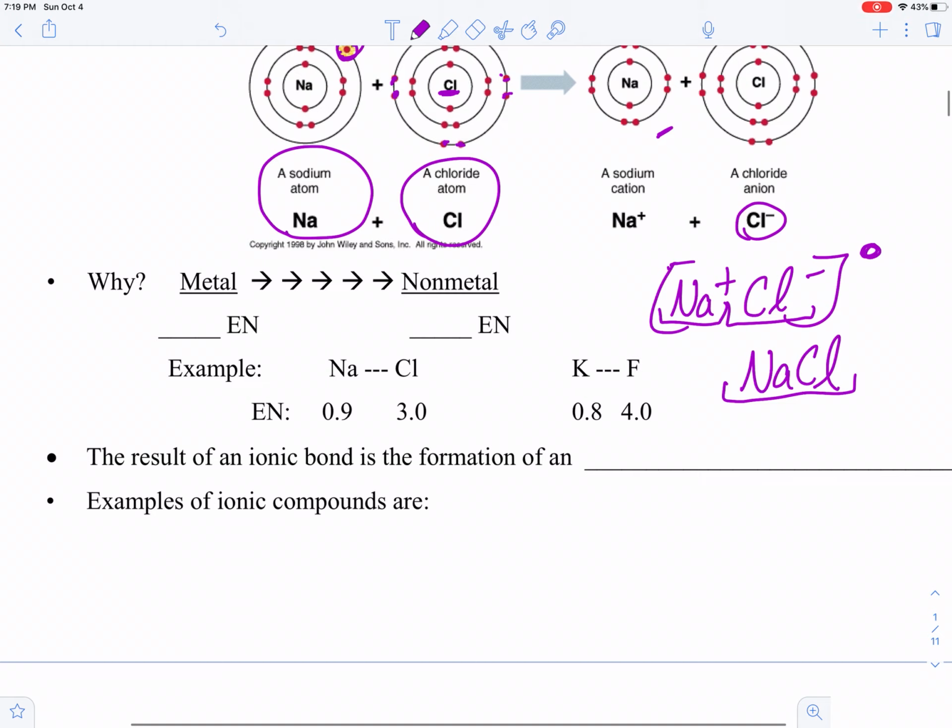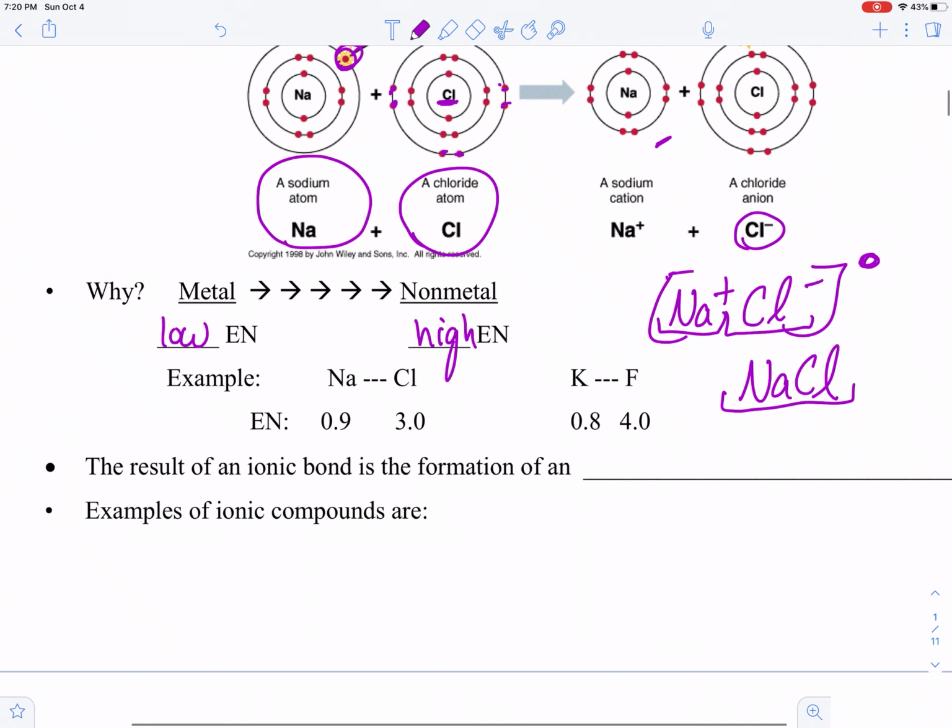So typically our metals have low electronegativity, meaning that they're not as attracted to their outermost electrons, and nonmetals tend to have a very high electronegativity, so they tend to be really attracted to outermost electrons, even other people's outermost electrons, so much so that they can steal an electron off.